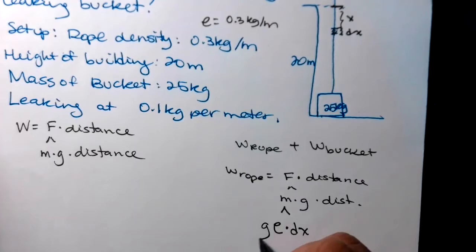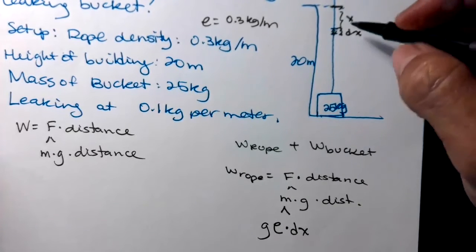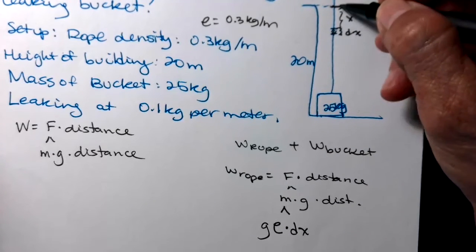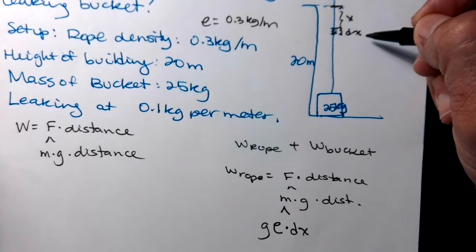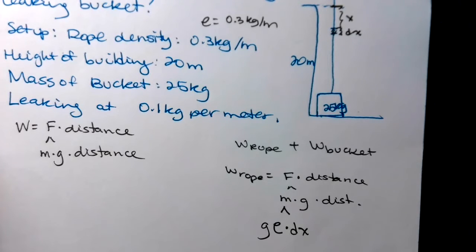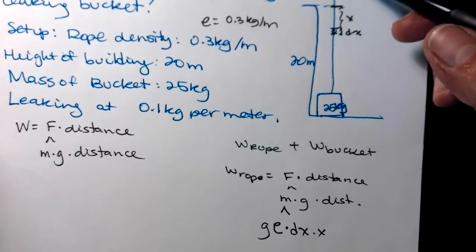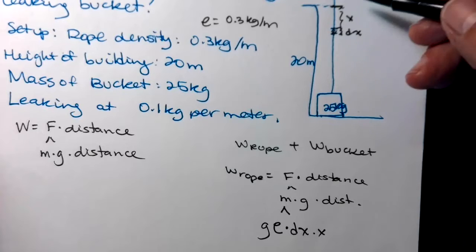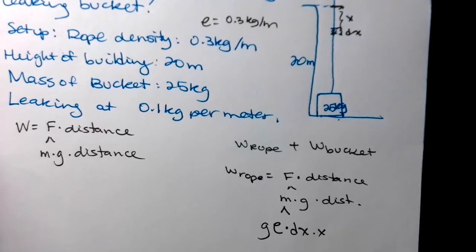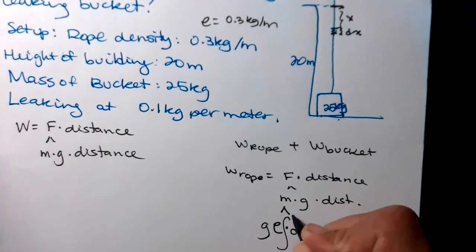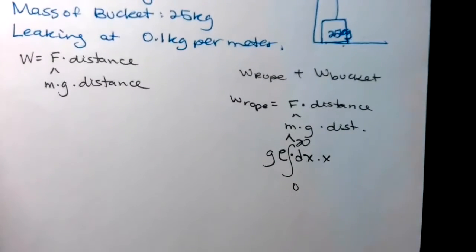g is our constant gravity. I'll go ahead and move that to the front. And then the distance that each of those different chunks of rope get to move is x. And what do those x's go from? From 0 to 20. So we would integrate that from 0 to 20.